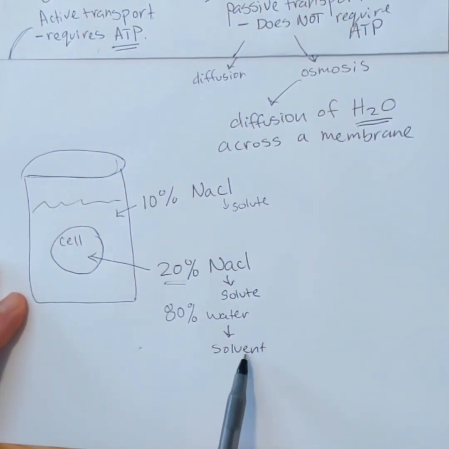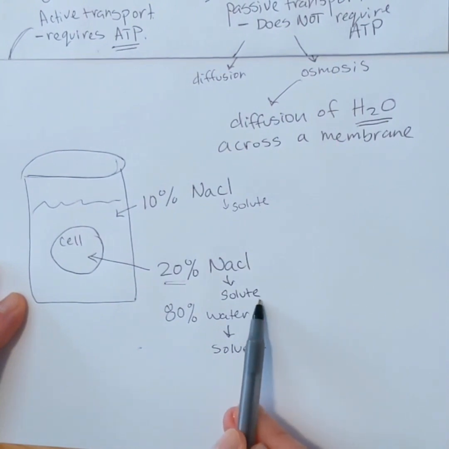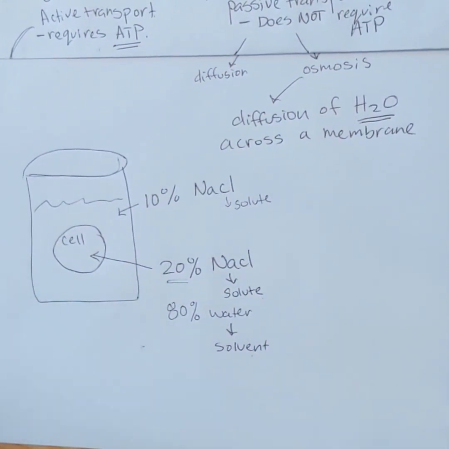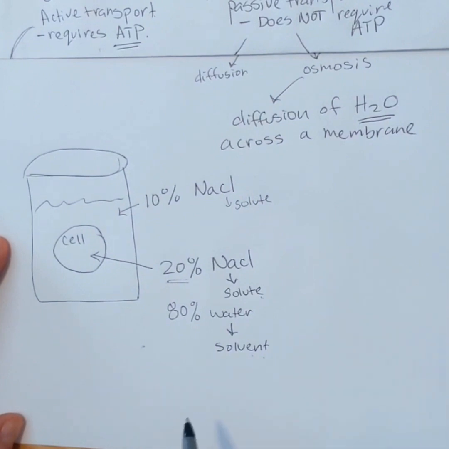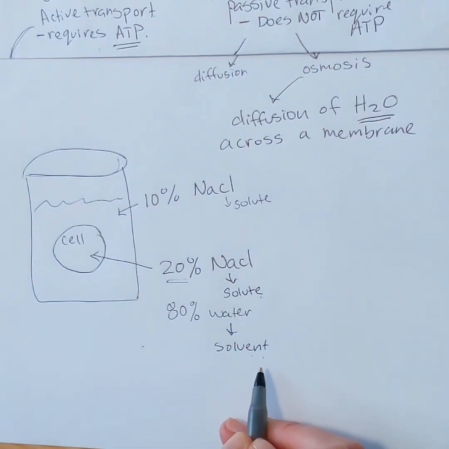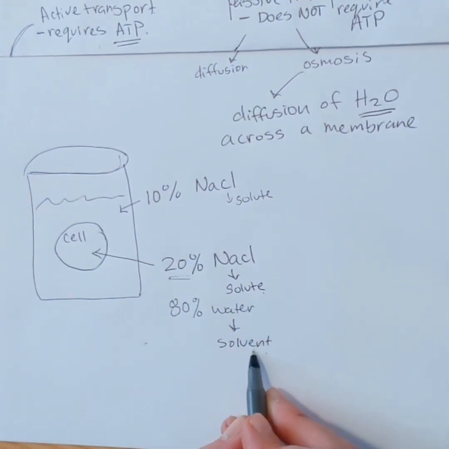The solvent is whatever dissolved the solute. So if I make a cup of iced tea, the tea is the solute. The water is the solvent. However, if I'm going to marinate a piece of eggplant in olive oil and rosemary, the rosemary would be the solute and the olive oil would be the solvent.